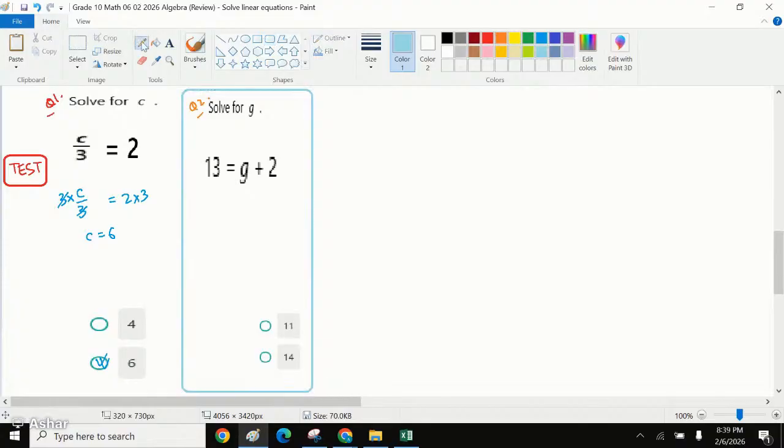We know that 13 is equal to G plus 2, right? So we need to remove the 2 from the right side. We need to take it to the left side. Meanwhile, I'll copy the next question. Can you give me the answer?